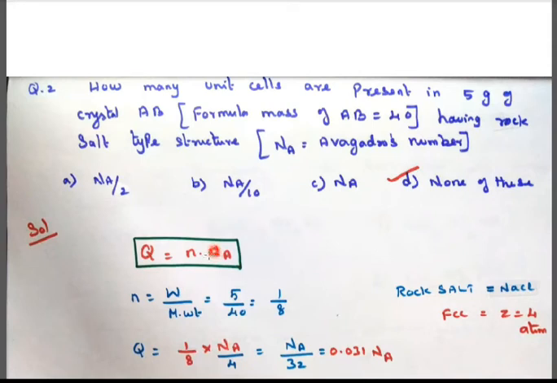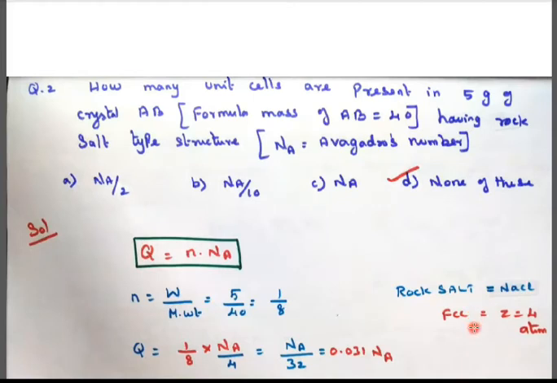This is given as a crystal of rock salt. Rock salt is sodium chloride, which belongs to face-centered cubic. For a simple cubic, the number of atoms per unit cell Z is 1, for BCC 2, for FCC 4.